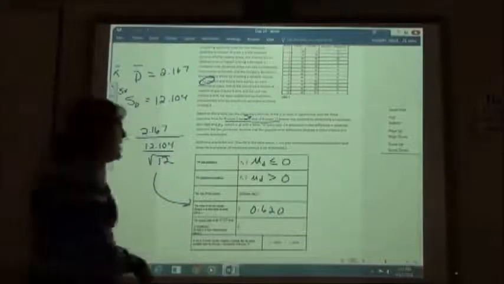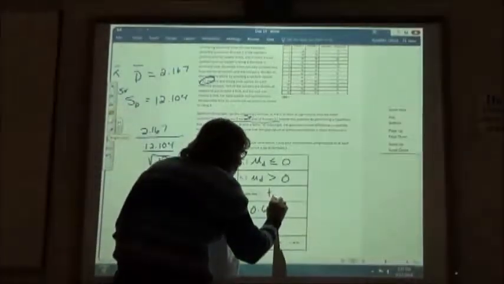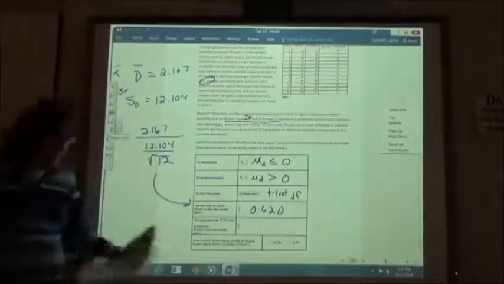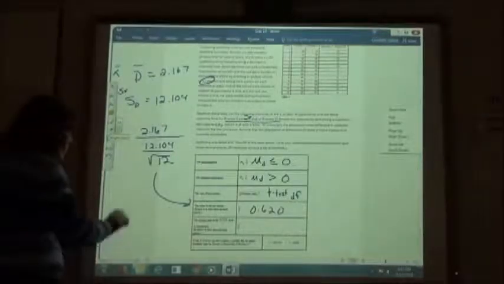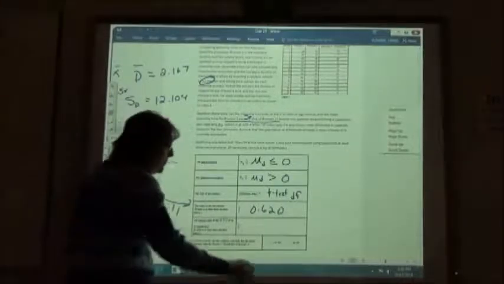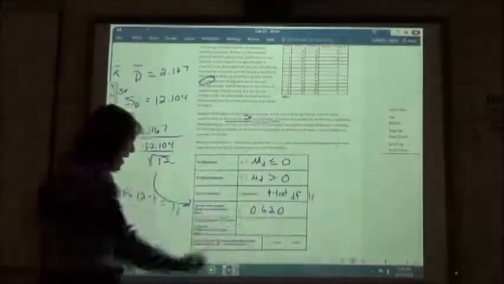The type of test statistic that we're doing on this one is our t-test, right? With a degree of freedom of, what is going to be the degree of freedom? 11. N minus 1, so 12 minus 1 is 11. We need to know that in order to calculate our critical value.